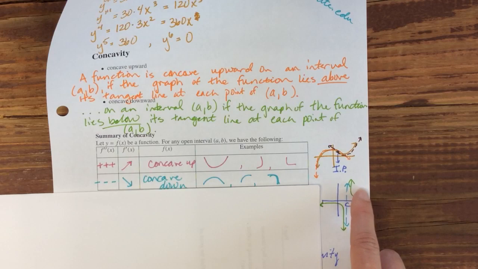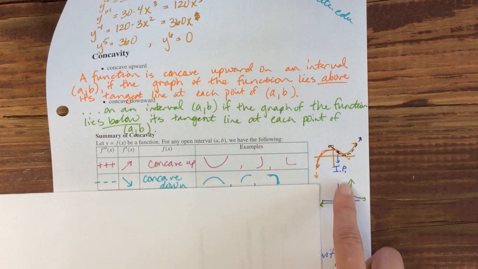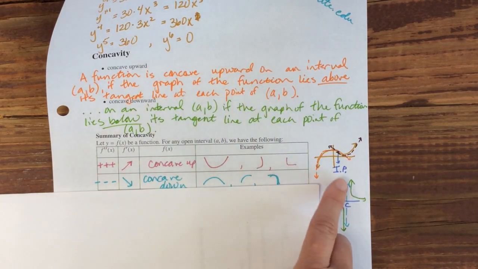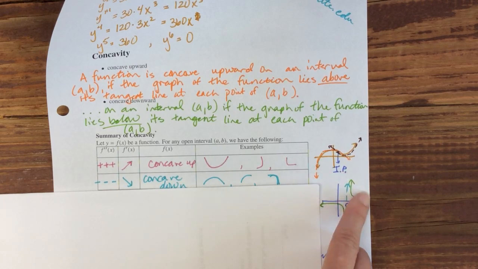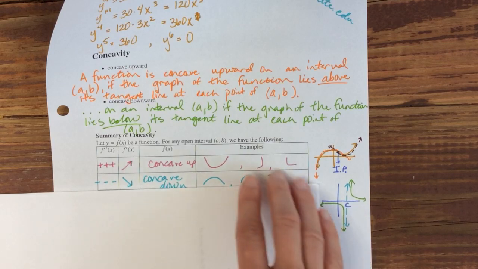You don't have the full bowl or the full umbrella, but you just have part of it, and that's enough. Because remember, up to here, you're talking about how it relates to its tangent lines. Is it above the tangent lines or below the tangent lines?